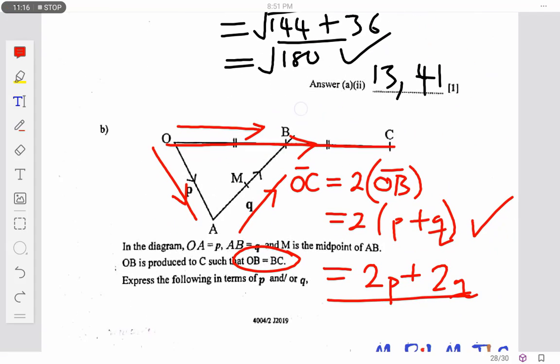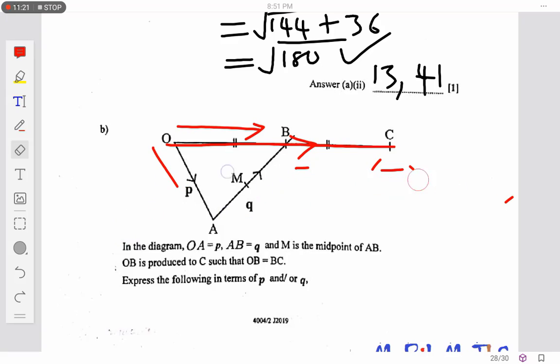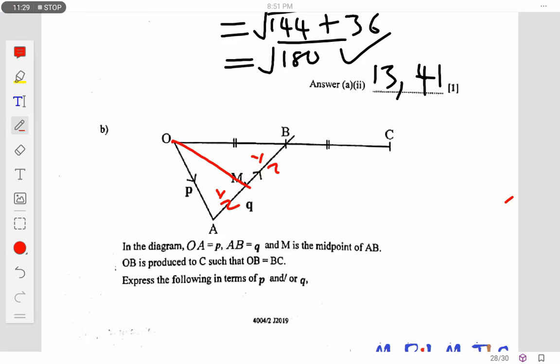OM. Let's see, how do we get OM? Okay, OM is the midpoint. So for OM, we are moving from O to half of AB. So how do I move from O to M? I move OA and then half of AB.